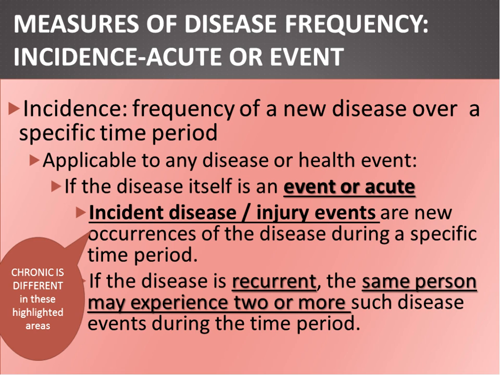So when you have an acute event, so something that happens over a short period of time, the cases which you count, or the injury events, are new within this particular time period. If the disease reoccurs, the same person may experience the disease more than one time, which means that you would count them more than one time within a specific time period.